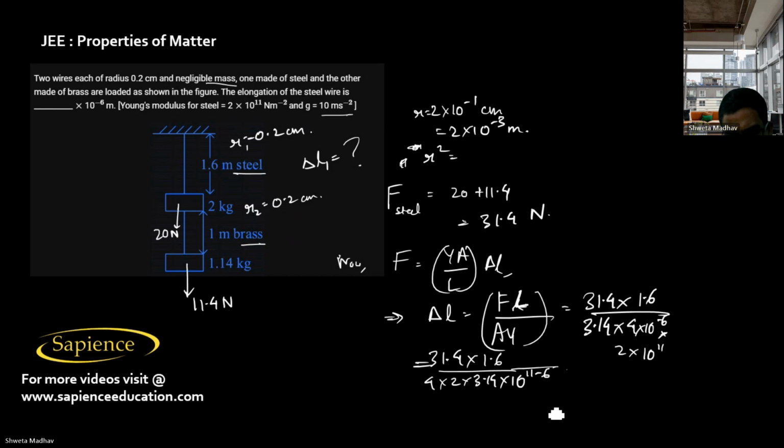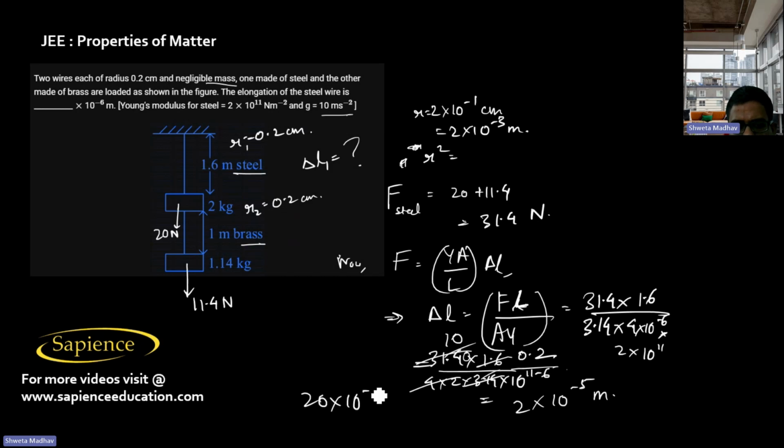Delta L: the 3.14 will get cancelled. So this into 10, and 2 for the 8, 8 plus the 16, that is 2 into 10 power minus 5 meter, or I can say 20 into 10 power minus 6 meter also. So this is the amount of extension in the steel.